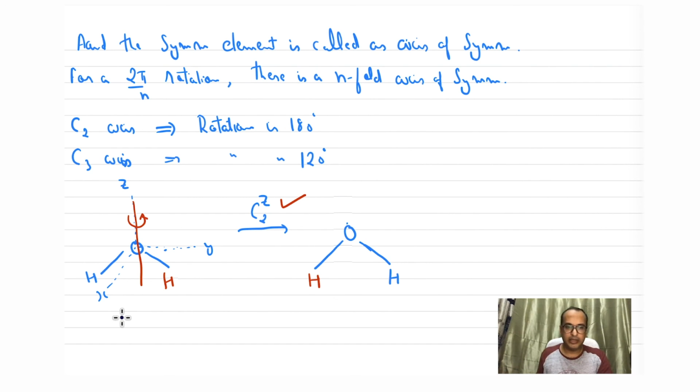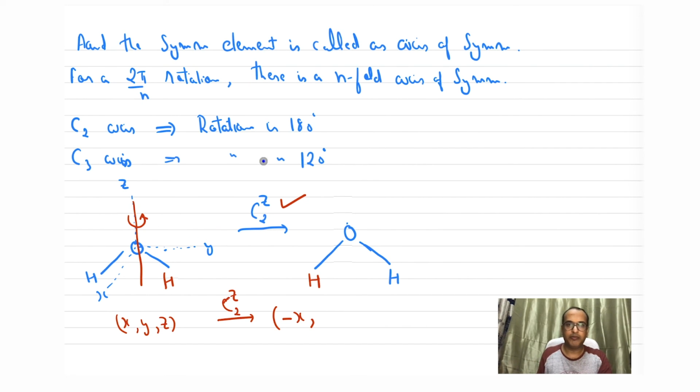Now let's take another example. Let's do the C2Z rotation on the coordinate system itself. Let's move the whole coordinate system with respect to the C2Z axis. What do you get? If I'm doing this flipping, x will move towards minus x, and y will go to minus y.